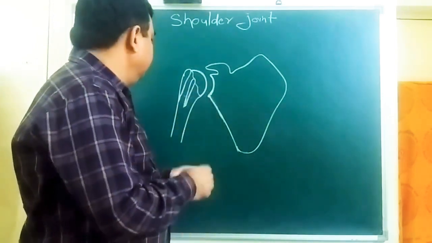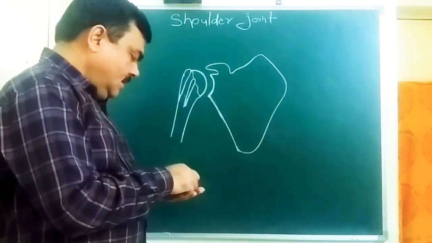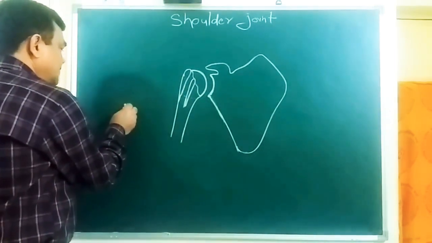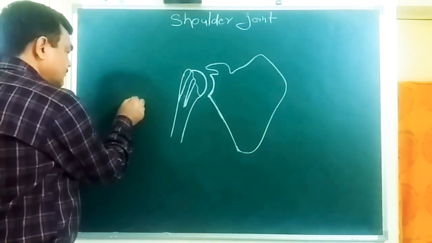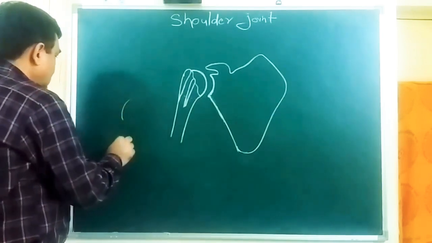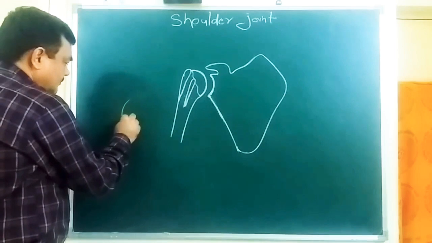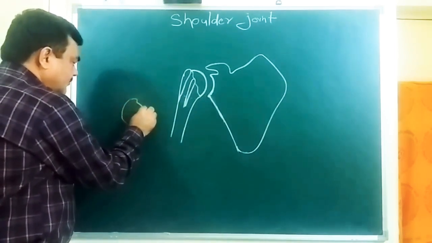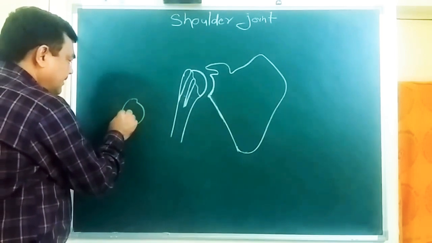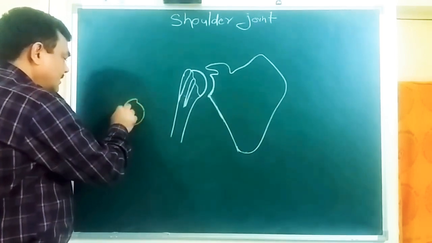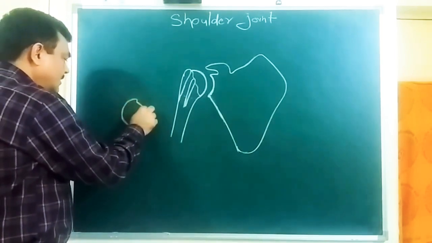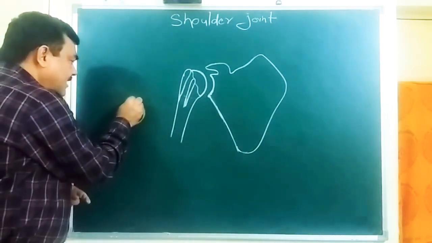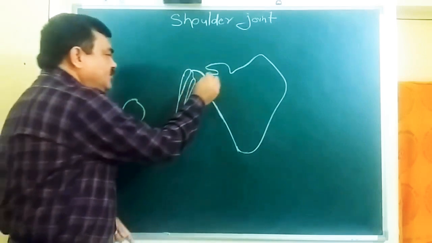If you see the glenoid cavity from here, this is glenoid cavity. Here is a tubercle.